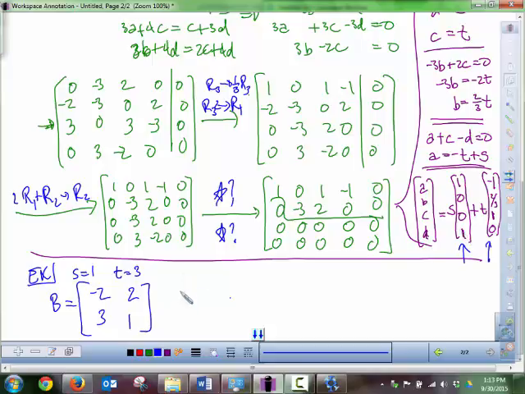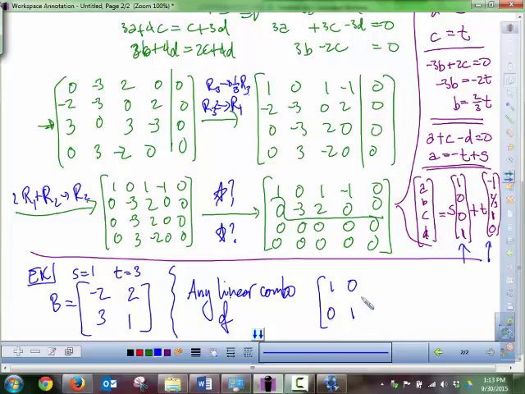Oh, in fact, why don't we do that? So any linear combination of 1, 0, 0, 1, oh, that's the identity matrix, and -1, 2/3, 1, 0.